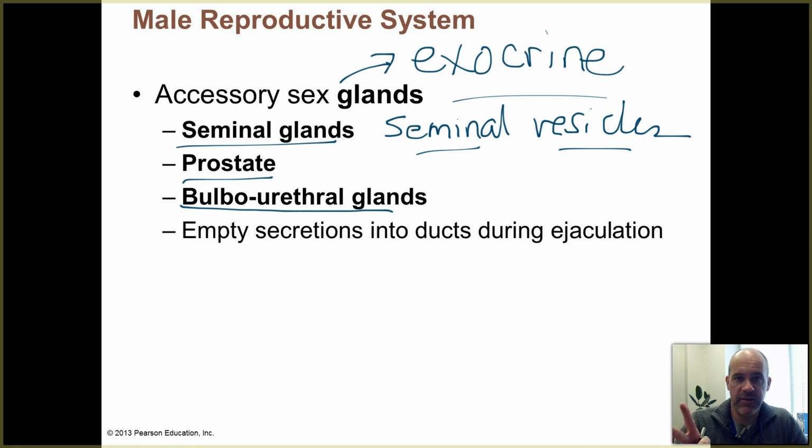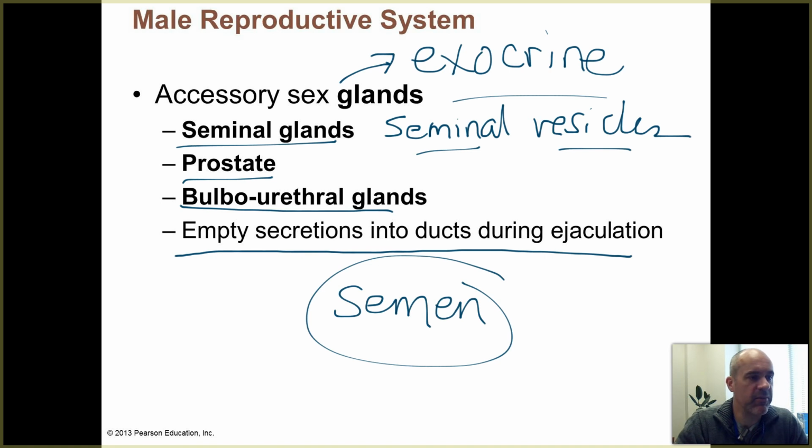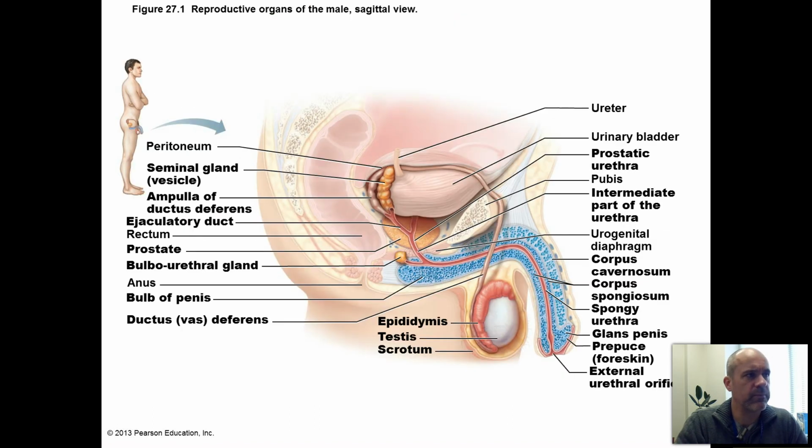So the secretions of those three glands combine together and enter into the ducts during ejaculation. So those fluids are actually going to combine together, and they're going to be part of the semen fluid that is ejaculated or released from a male. And the semen contains the substances from those three glands, and it also contains the sperm cells as well.